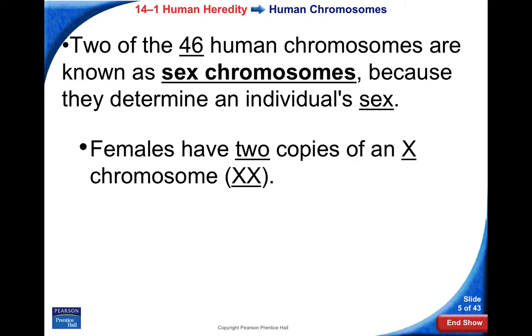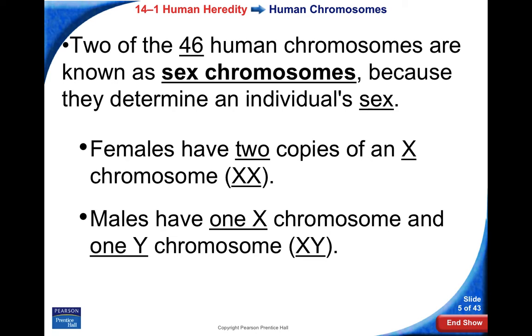We will get into exceptions to these later on, but the general female has 2 copies of the X chromosome. There are mutations where you can have 3 copies or even 4 copies, but females have 2 X copies in general. Males, on the other hand, have 1 X chromosome and 1 Y chromosome.